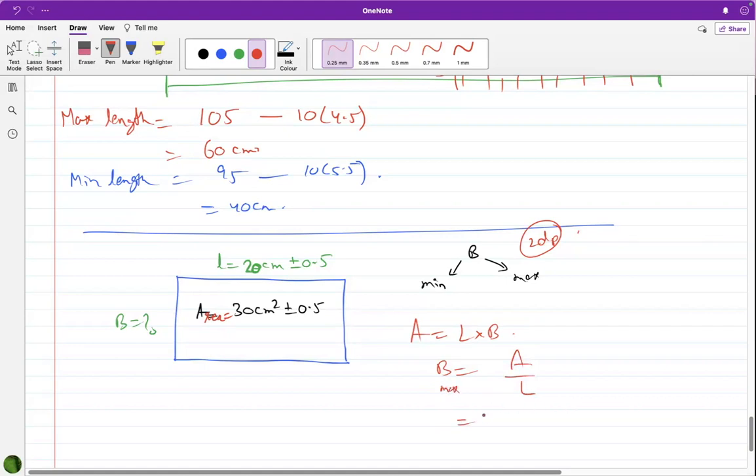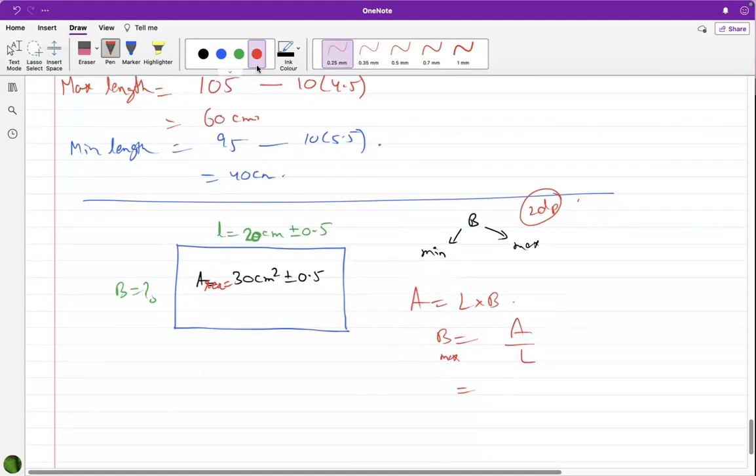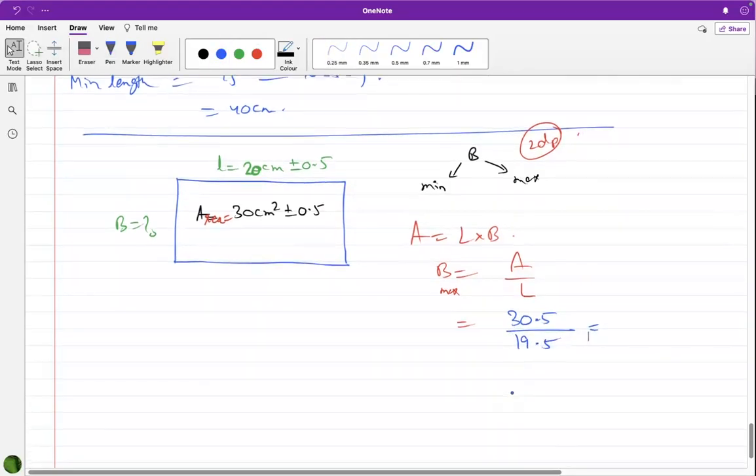So if we are solving for maximum, what is the value of area? Area is 30.5. And the value for length would be 19.5. This will give me the maximum breadth. 30.5 by 19.5 is giving me 1.56 to two decimal places.